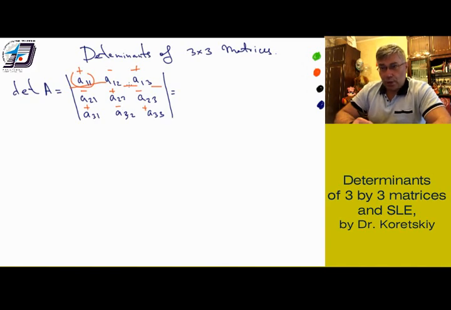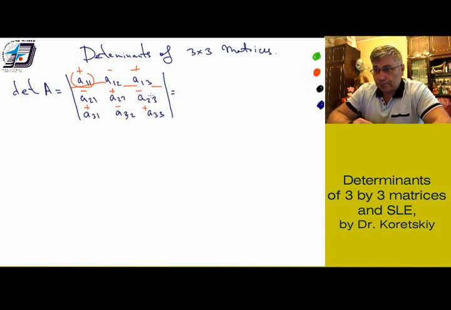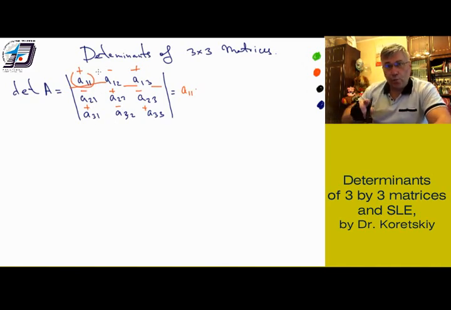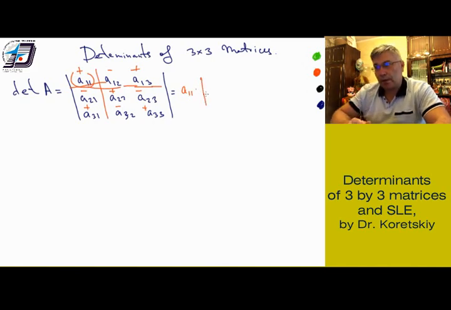Okay, next step: you have to pick out any row or any column. For example, I want to pick out the first row, and I move along this row and take a set of elements. So I take A11 and multiply.